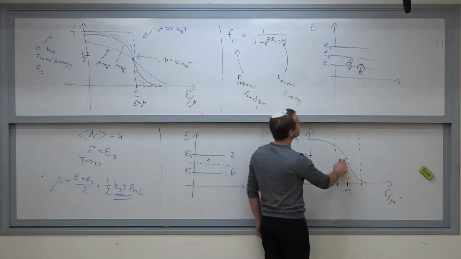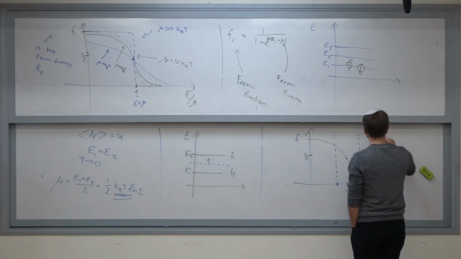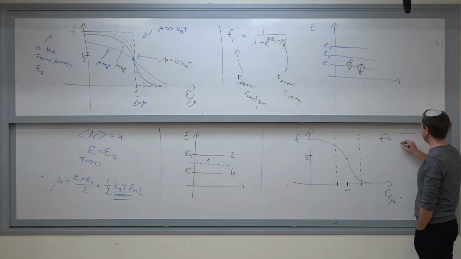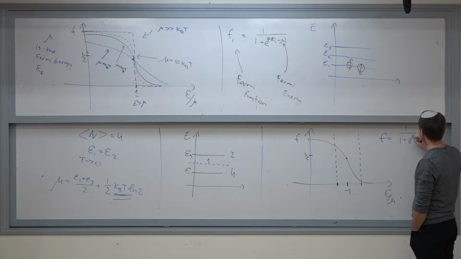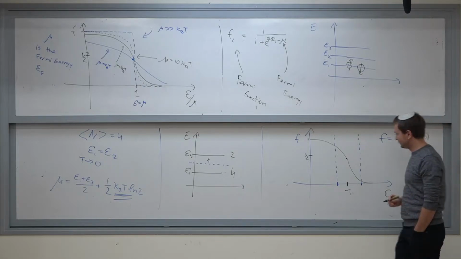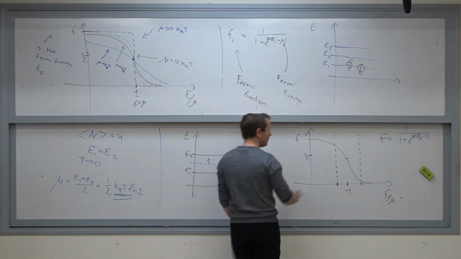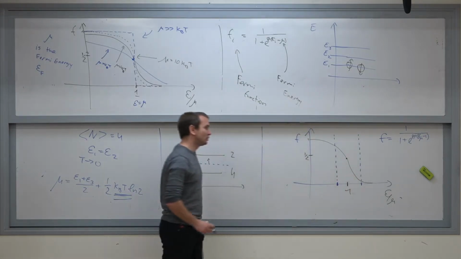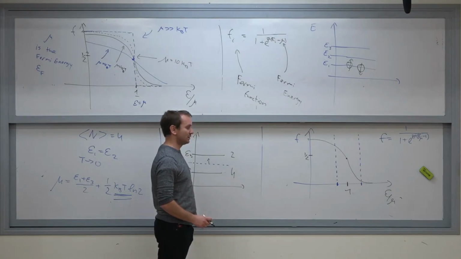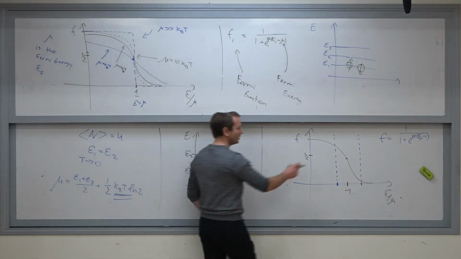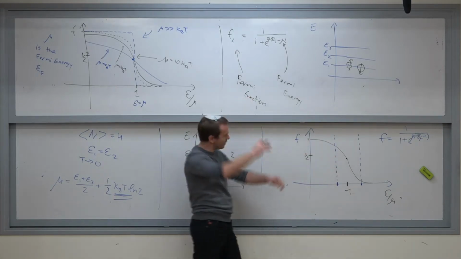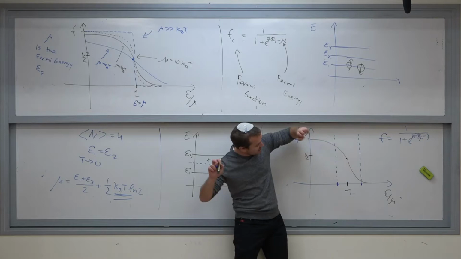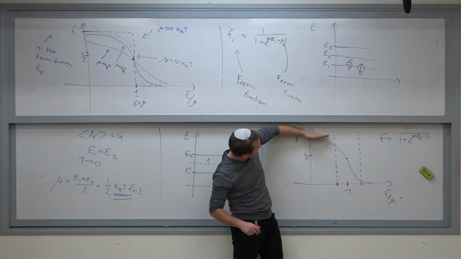Okay. Now, if you look at this function, what is F? F is equal to 1 divided by 1 plus e to the power of beta times epsilon minus mu. We see, so either this function decreases towards 0, or if we flip everything upside down, we see that also here the function is decreasing towards 1.